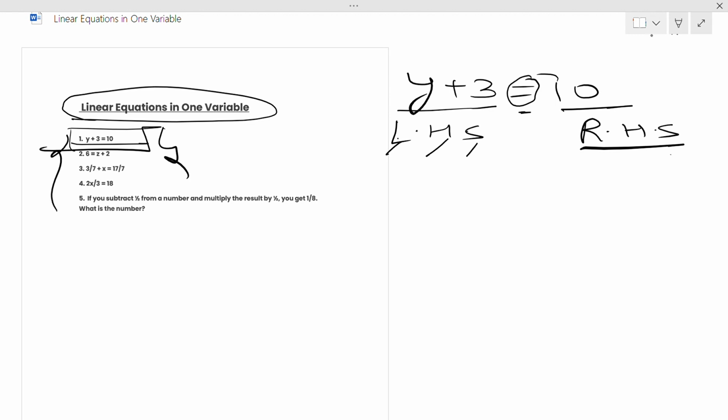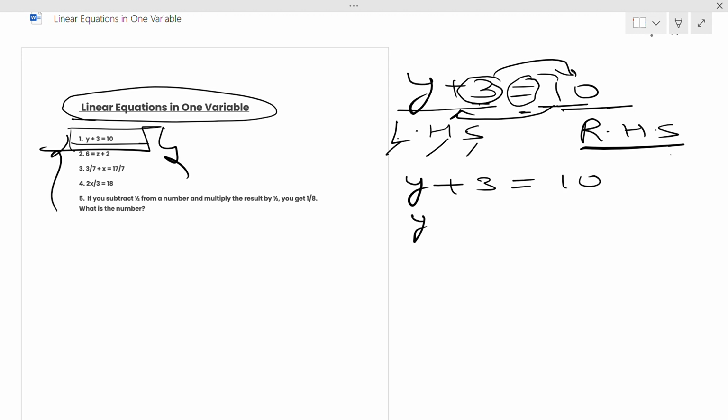You all have to keep in mind that if we move a term from LHS to RHS, or from RHS to LHS, then the sign of that term will be the opposite. For example, let me explain with the same equation, y plus 3 is equal to 10.